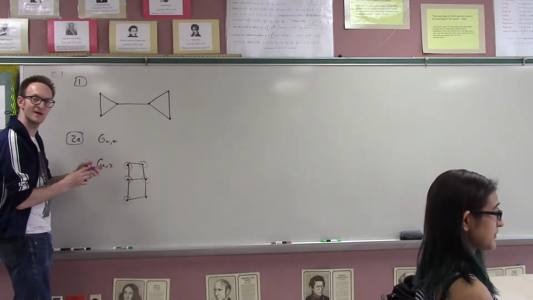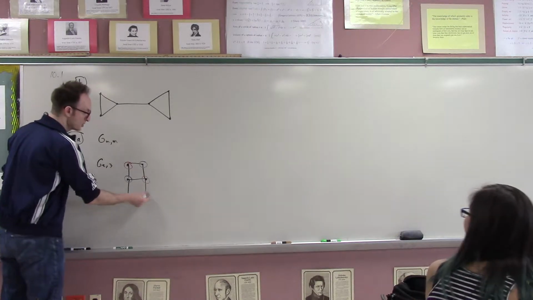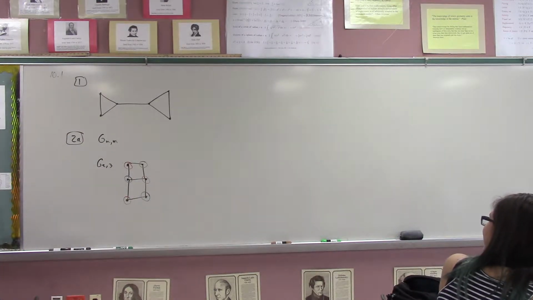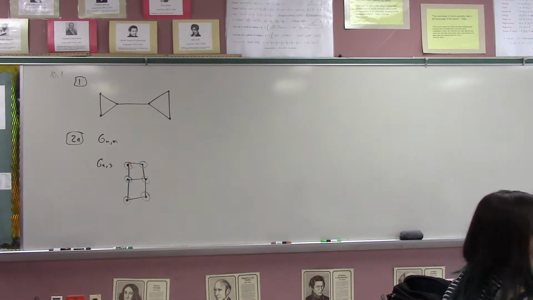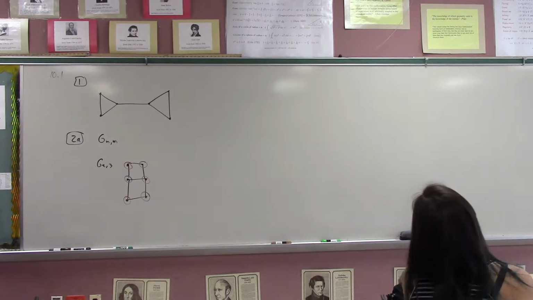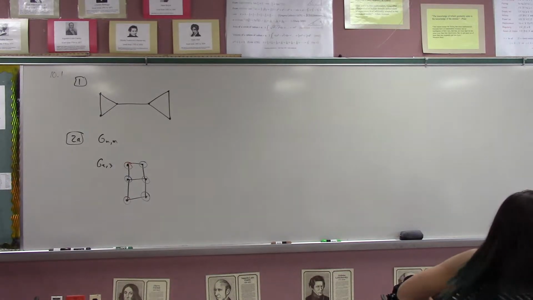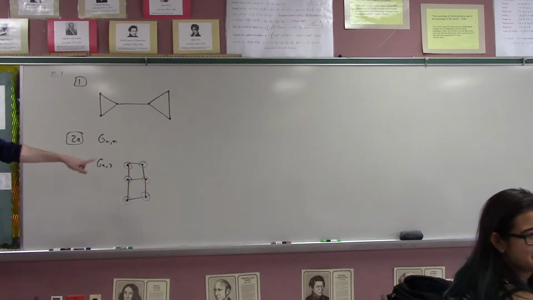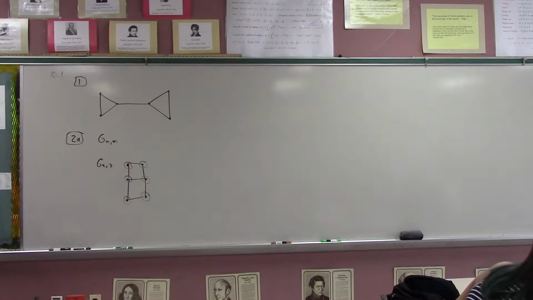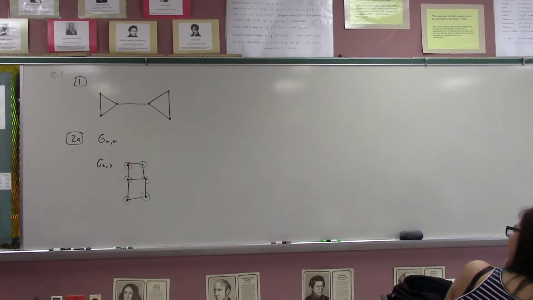Agreed? Who's following this conversation? Good. Note that if we think of the blue points as frog gender 1 and red points as frog gender 2, I know nothing about frogs, then every frog relationship is between someone from the red gender and the blue gender. Cool?